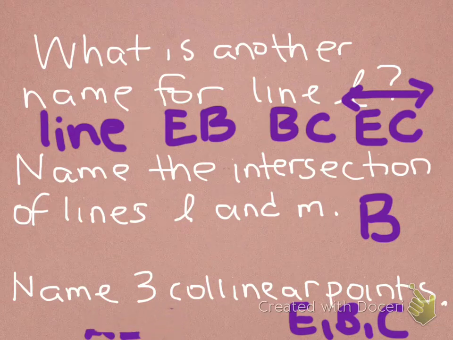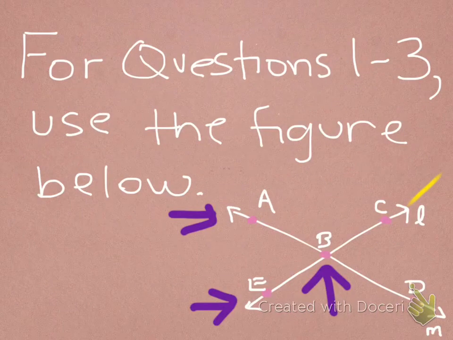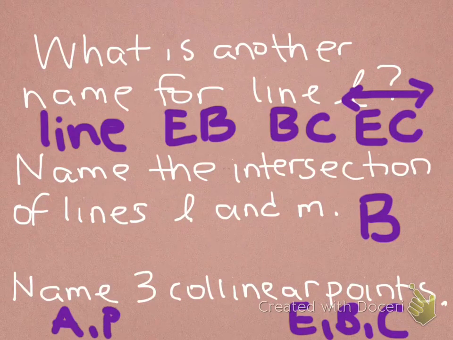You're going to want to do that when you're listing points, because if you don't separate them, it's going to look like you're labeling a plane. So this is A, comma, B, comma, D. So either one of those sets you could say as collinear points. They're on the same line.